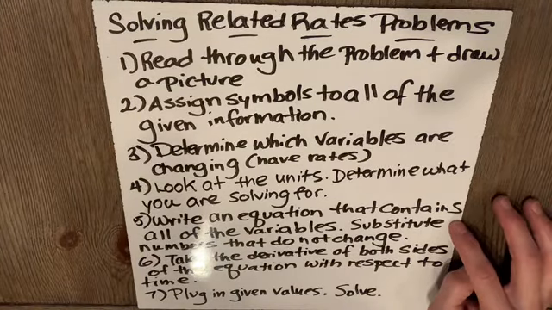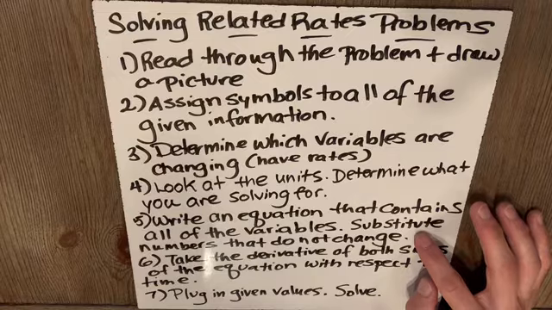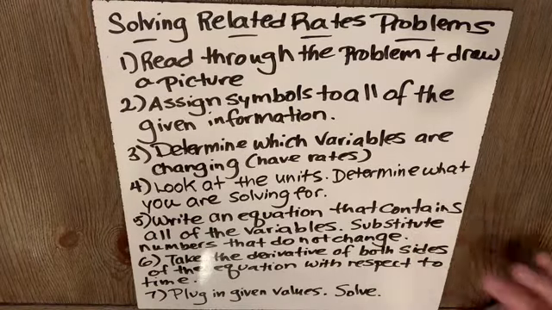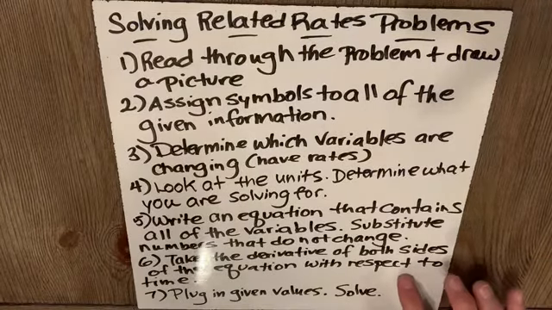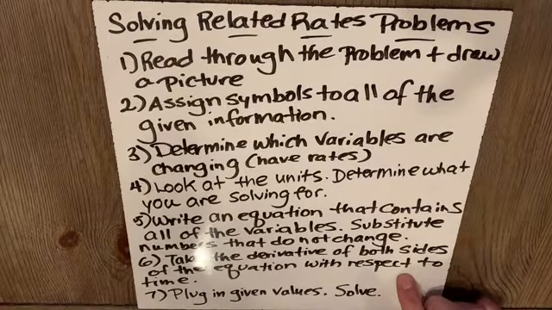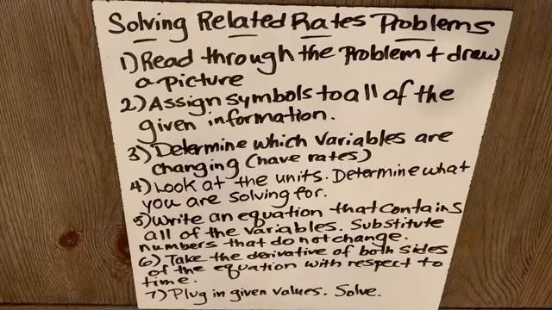So you have to bring some knowledge to the table. 6, substitute numbers that do not change. They might give you some constants that we can substitute in. Take the derivative of both sides after you substitute for the constants, and take that derivative with respect to time. So the denominator of our derivative will be dt, change in time. 7, plug in all the given values and solve for the unknown. Those are the 7 steps we'll take.